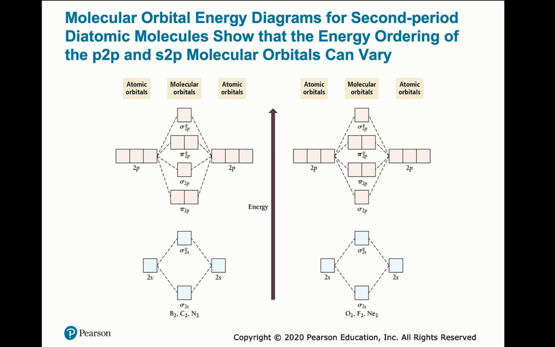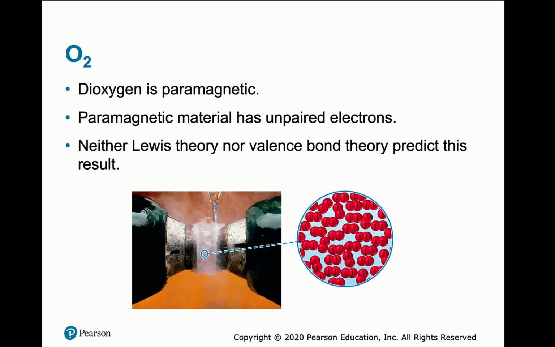So you're going to have 2 in the sigma 2s, 2 in the sigma star 2s, 2 in the sigma 2p, 4 total in the pi 2p, and then 2 in the pi star 2p. But remember Hund's rule, those degenerate orbitals are going to add 1 at a time. And since you add that 1 at a time to the pi star 2p, that's going to be paramagnetic. So that's where this theory fits in.